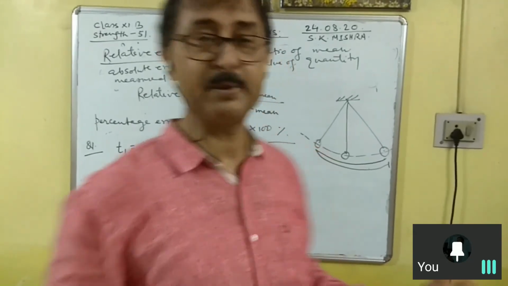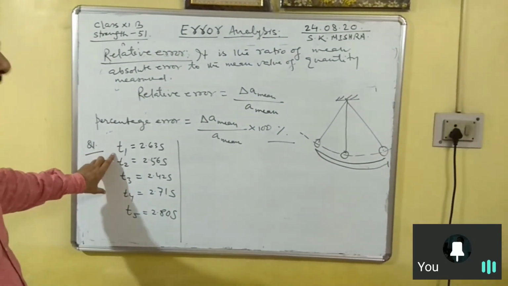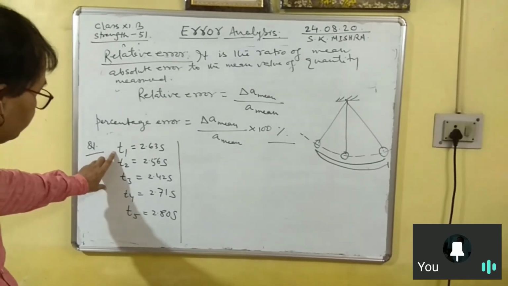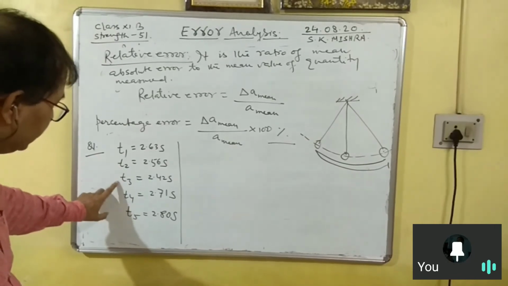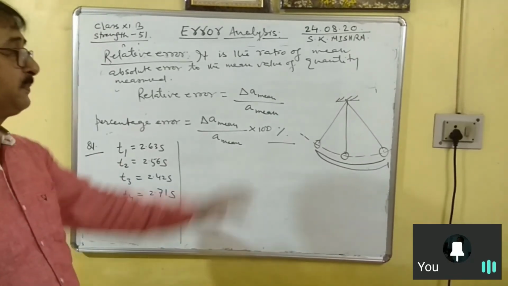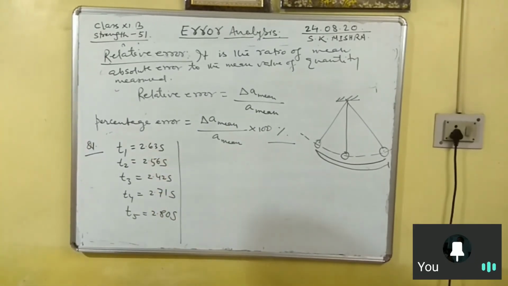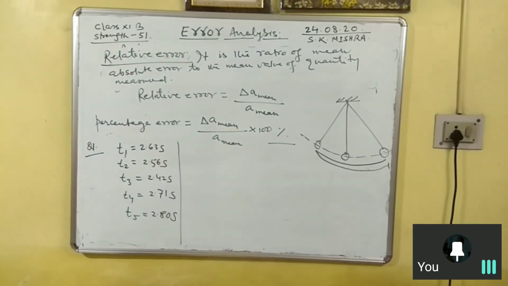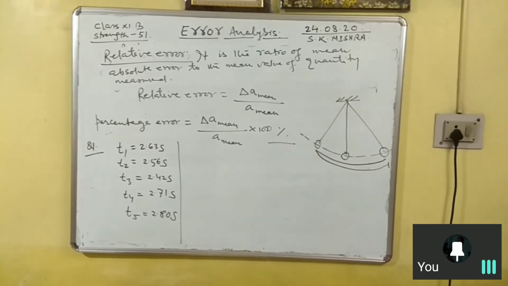That is time period. So a student performed the experiment of finding the time period of a simple pendulum in 5 readings, T1, T2, T3, T4, T5. 5 times he has repeated the same phenomenon and then recorded the reading. Then if I ask you, calculate the absolute error, relative error and percentage error.